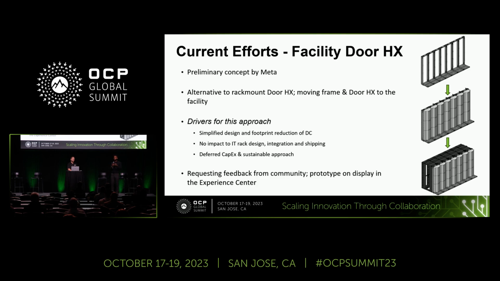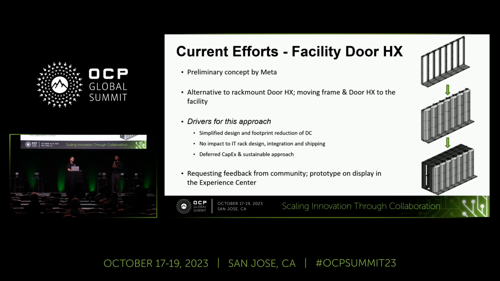If you do adopt this, or potentially, as we're thinking, you'll have no impact to the rack design itself and the integration and shipping, right? You're going to do all of your innovation on the data center side. You could also reuse this for different generations of racks, right?